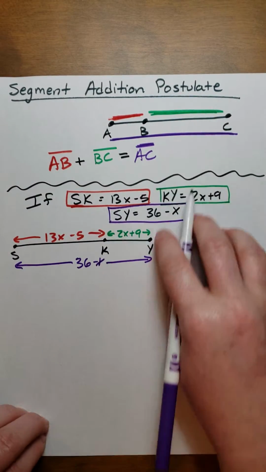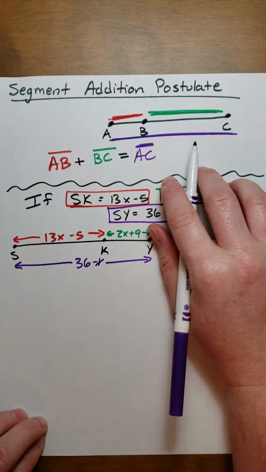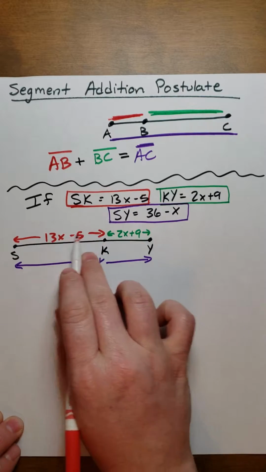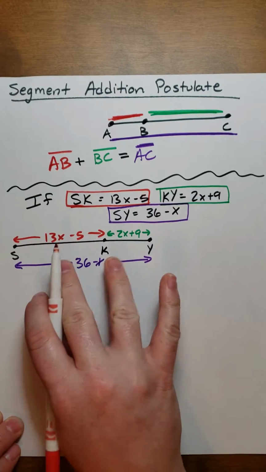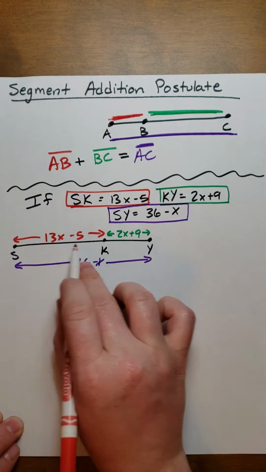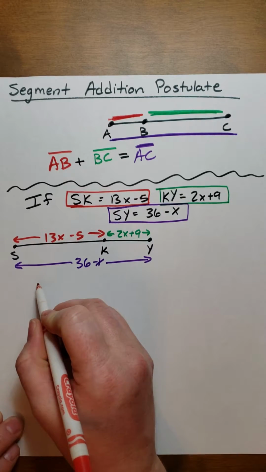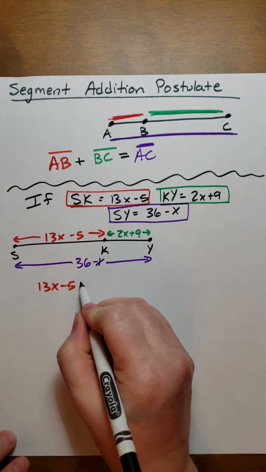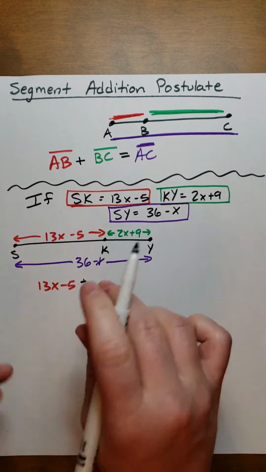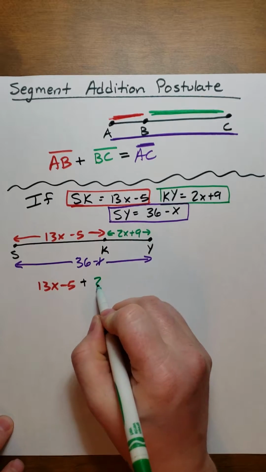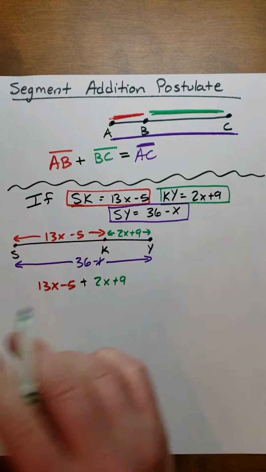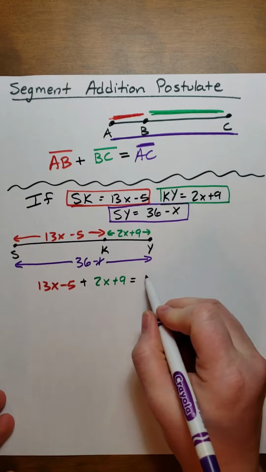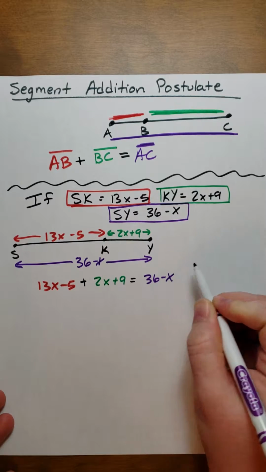Alright, so using our segment addition postulate, we can set up an equation starting off with the two smaller segments added together to give us the length of the larger one. So we start with the distance of SK, which is 13x minus 5, added to 2x plus 9. Then that equals the entire distance, 36 minus x.